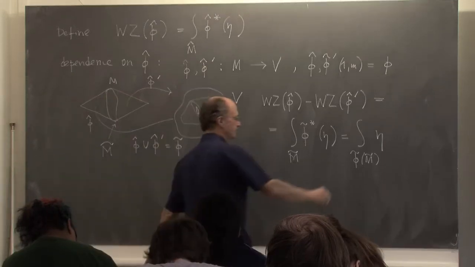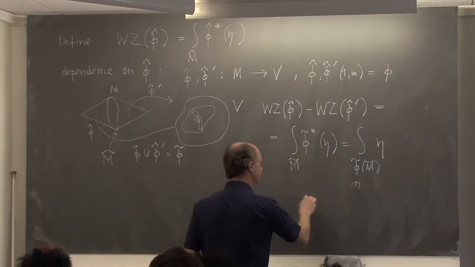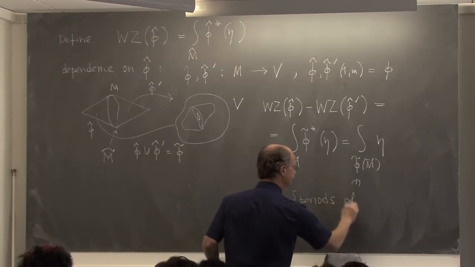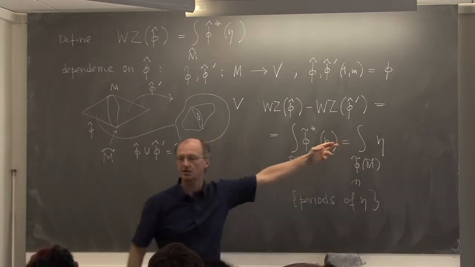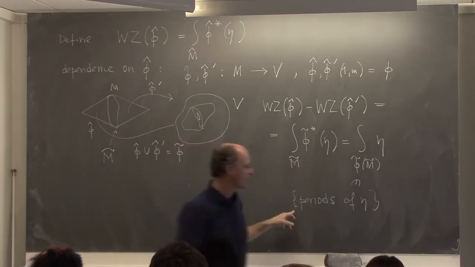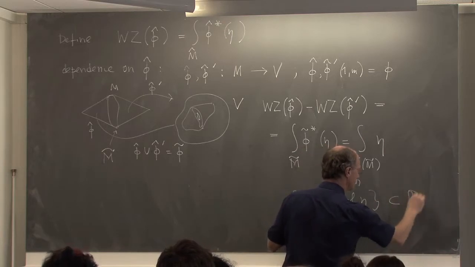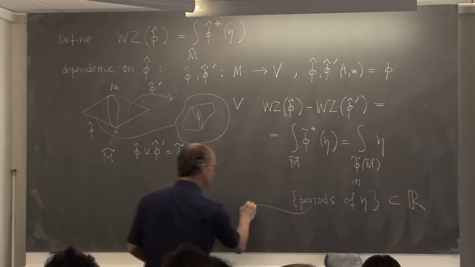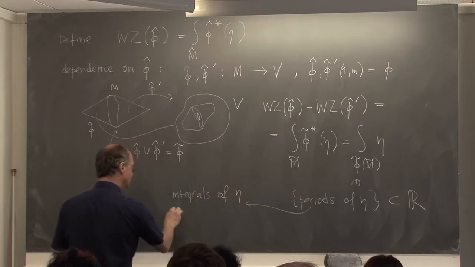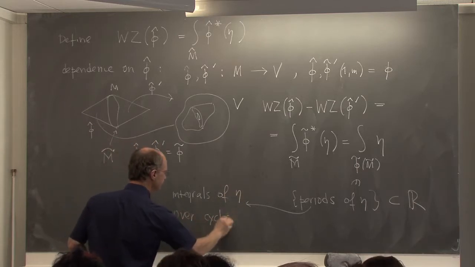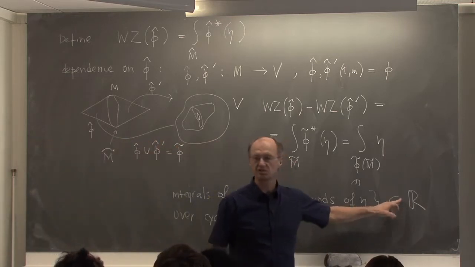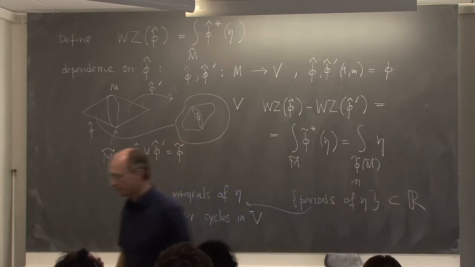And this means that it belongs to the set of periods of eta, meaning exactly integrals of the form eta over the cycles inside V. So these are, by definition, integrals of eta over cycles in V. So this is a subgroup of R, so those periods.